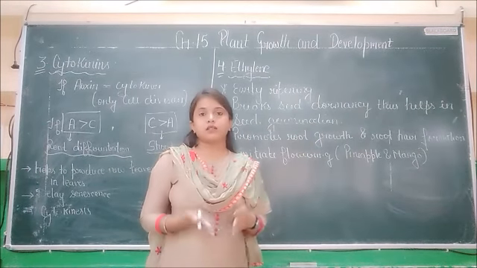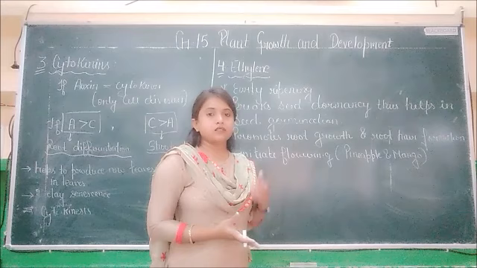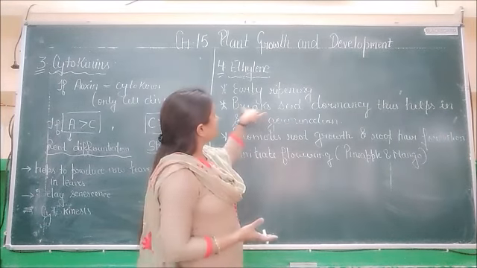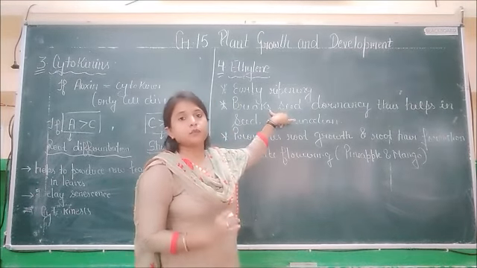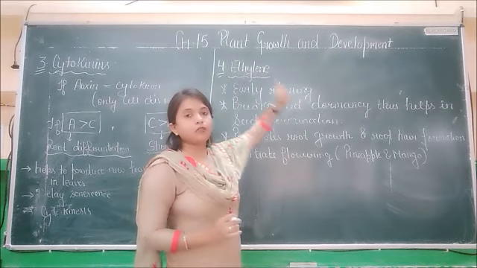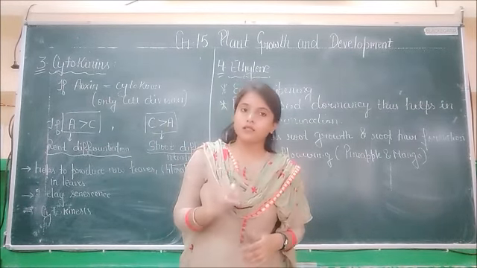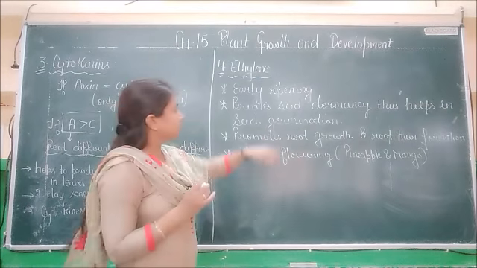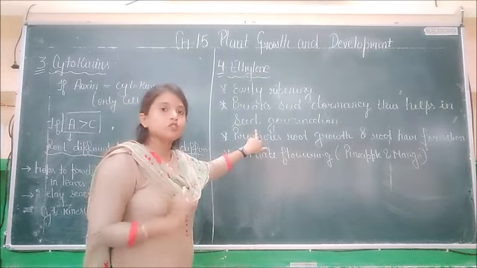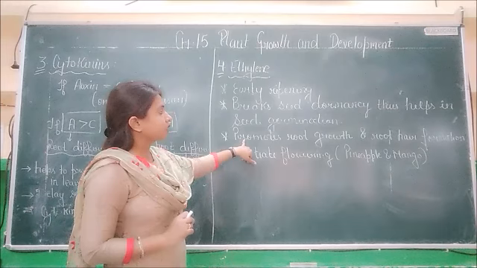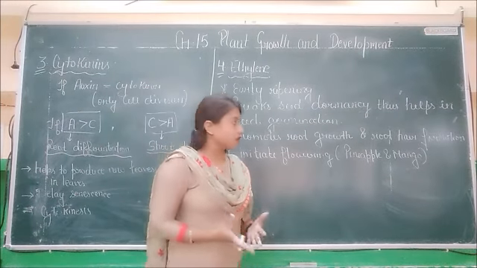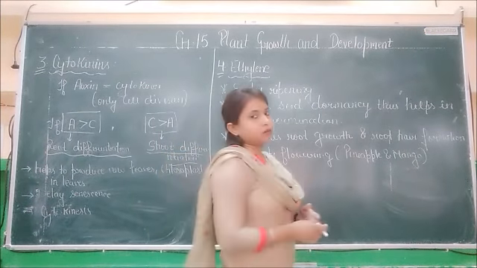Now the seed dormancy has been broken with the help of ethylene, so the seed will be able to germinate, right? Next, it also promotes the root growth and the root hair formation.